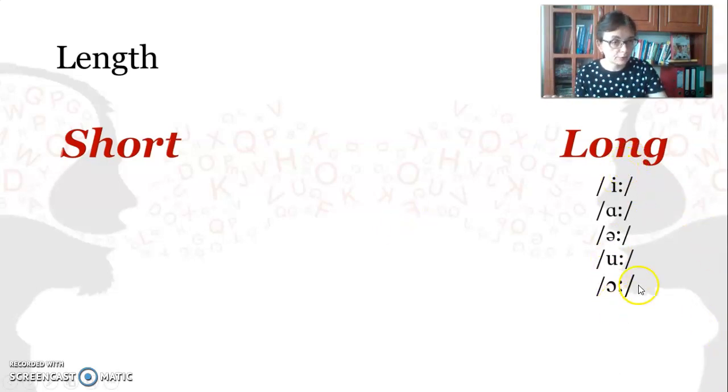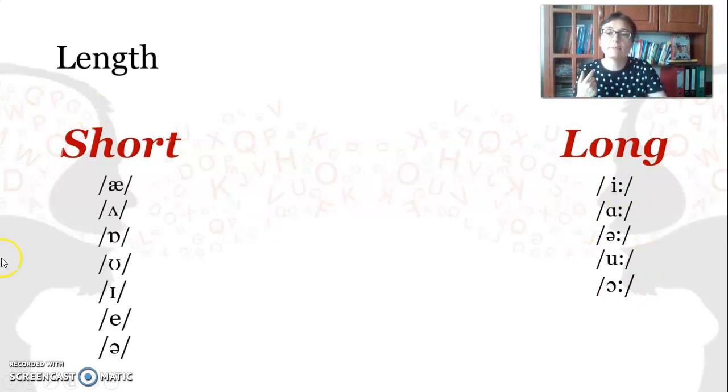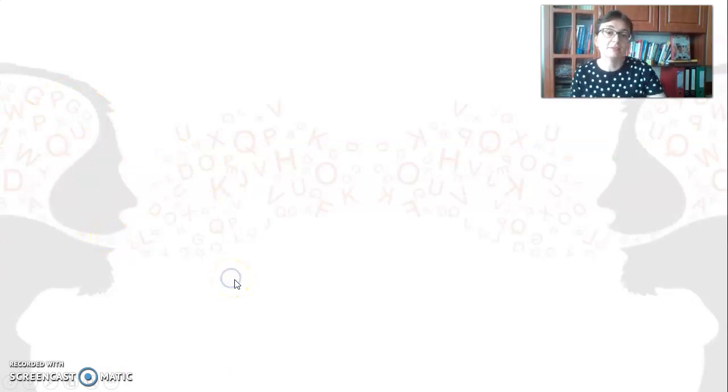I would like to draw your attention to the way this length is graphically presented in the transcription with the help of a colon, usually. These are the short vowels in the English language. So now there is nothing left but to take each sound individually and become aware of how to properly articulate it in English.